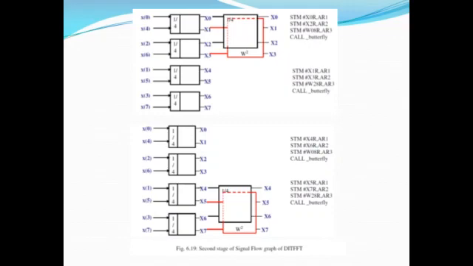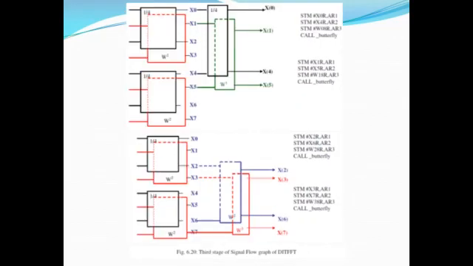So like that we are going to consider the several stages of the signal flow graph of DIT. In the last stage, again we have a scaling factor of 1 by 4 with the inputs x0 and x4, producing output x of 0 and x of 4. Similarly, for the other 2 remaining inputs, x1 and x5, producing x of 1 and x of 5.